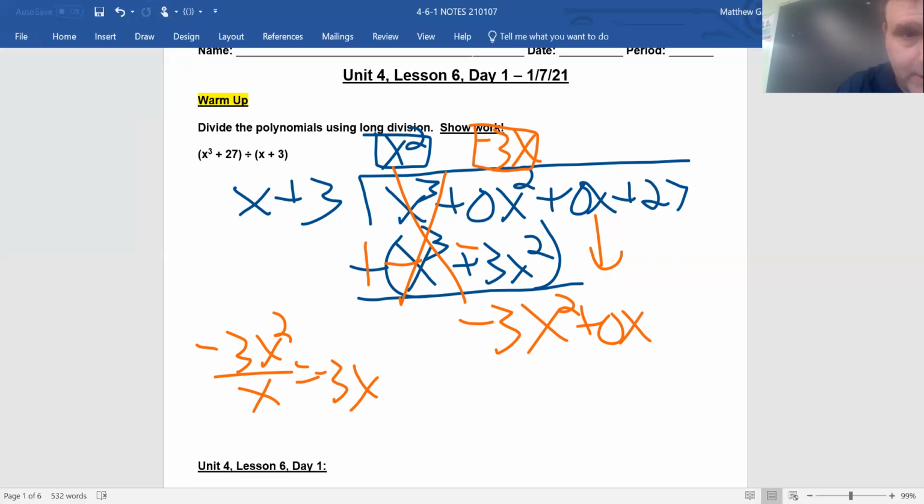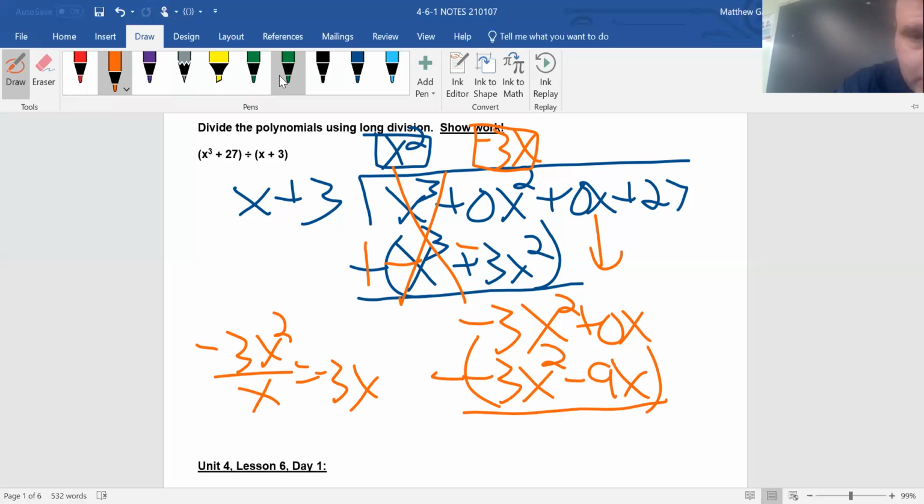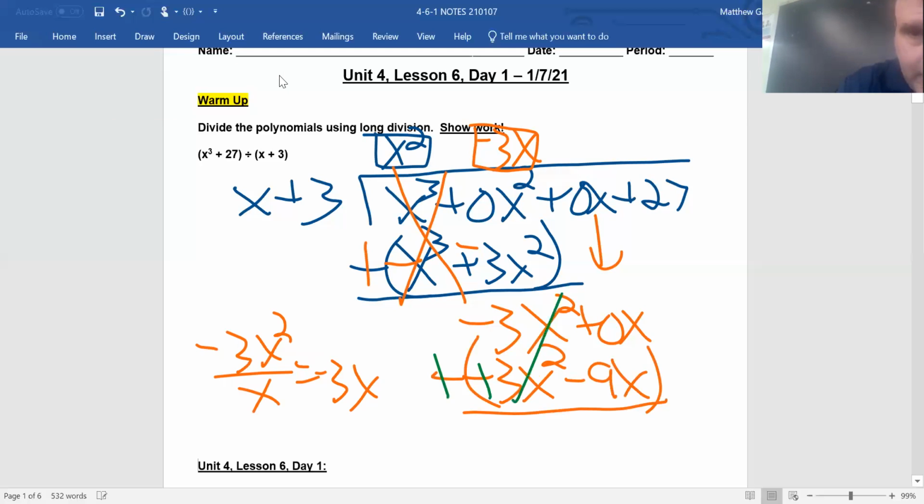So negative 3x times x plus 3 is negative 3x squared. Negative 3x times 3 is negative 9x. Subtract going down. Let's use another color. This is going to cancel, and the 9 becomes a positive. So that's 9x plus 27.